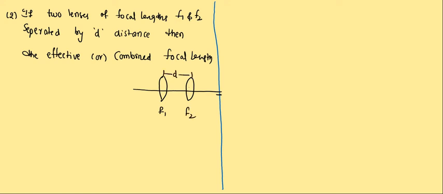If these two lenses act as one lens, then we write the effective focal length as 1 by f is equal to 1 by f1 plus 1 by f2 minus d by f1 f2. This is the formula.